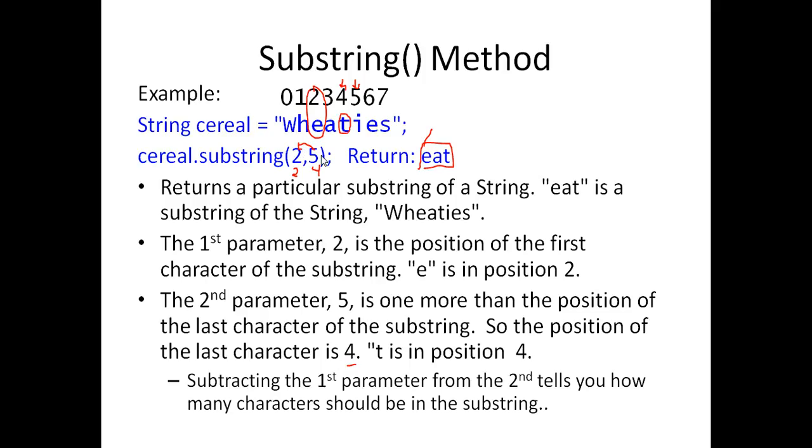So that means there are 3 characters, and they start at position 2. The start at position 2, as we said here, is the E. And then since we have 3 characters, we need the next 2, so EAT. So that's another way that you can figure out what's going to be returned from this substring.